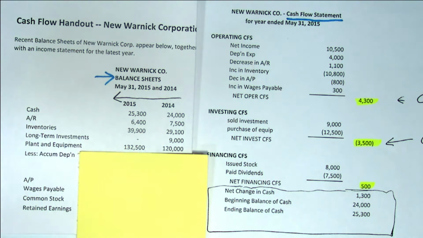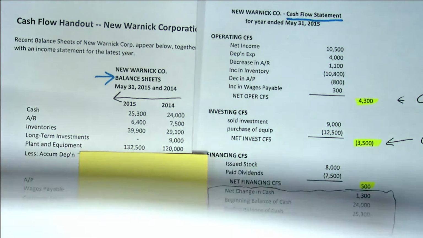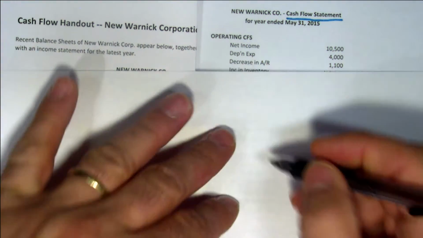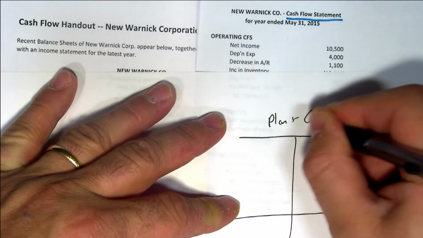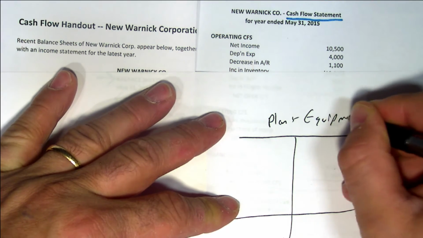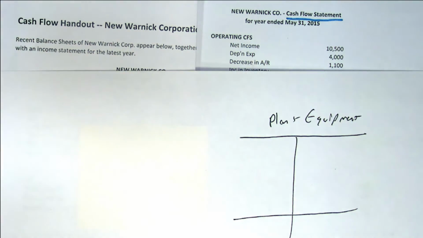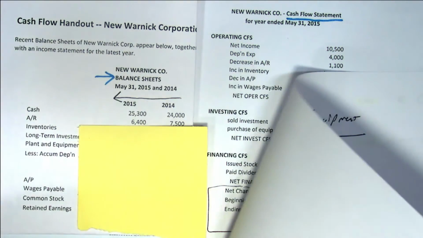Now, it told us, let's go ahead and do a T account for plant and equipment. Okay? Plant and equipment, right? Now, what is our beginning balance and our ending balance of plant and equipment?